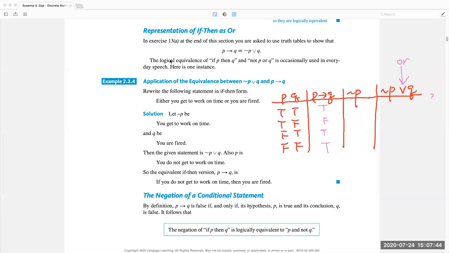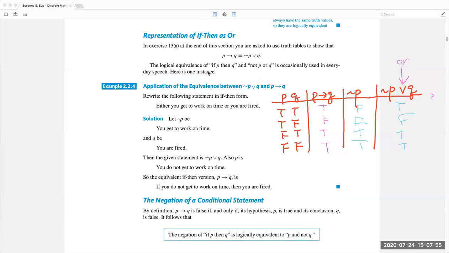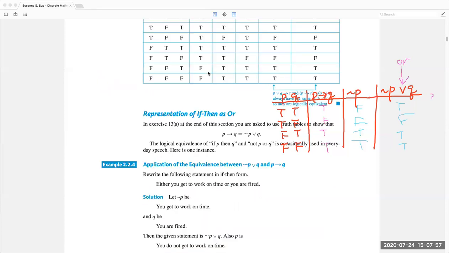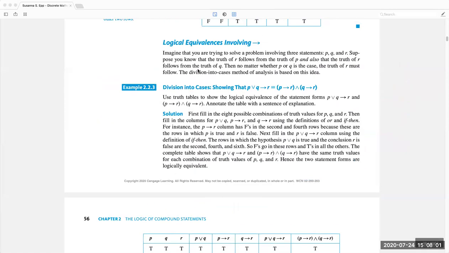So you just consider this is an identity that you may need to use very often. Okay, so we have shown that these two statements are equivalent to each other. So let's go on to have a look at some other statements.